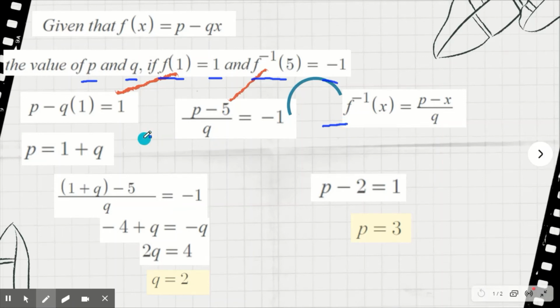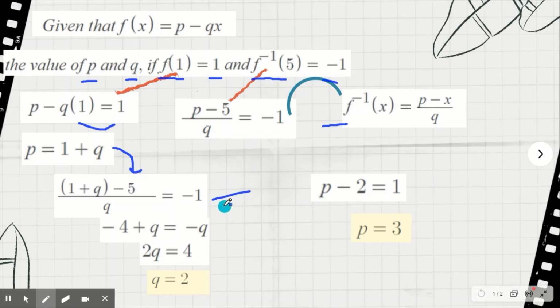So I use substitution. This is how I do it. p equals 1 plus q. This brings q over here and p as the subject. And then I substitute this equation into the second equation that we have, which is this one. So 1 plus q minus 5q equals negative 1.